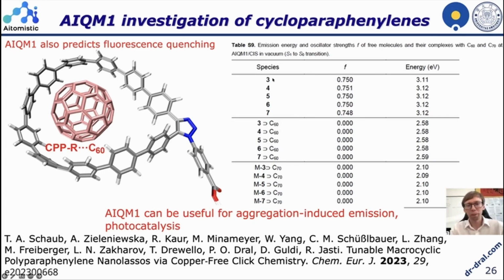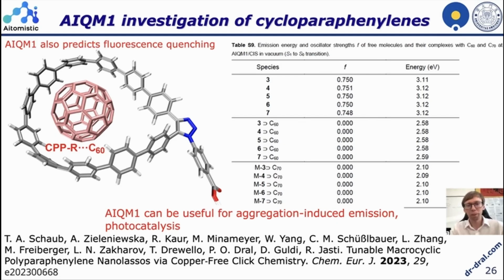So here, for this molecule, it is fluorescent, but when we put C60 fullerene inside, then AIQM1 predicts quenched fluorescence. So you can optimize the S1 minimum of this system and see that the fluorescence is quenched, and that's indeed what was observed in experiment.